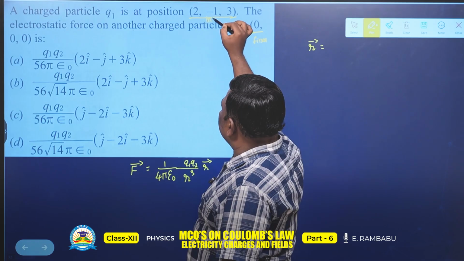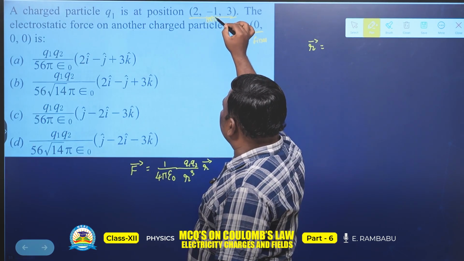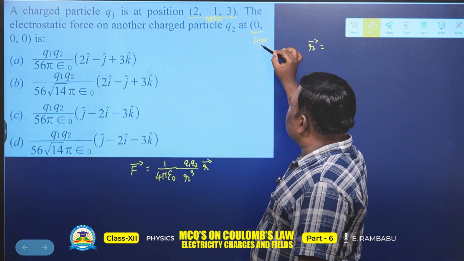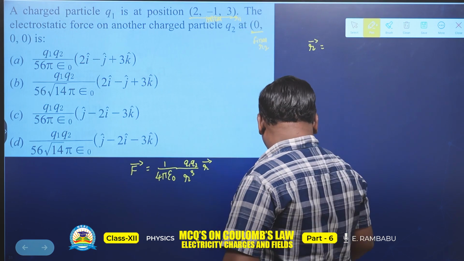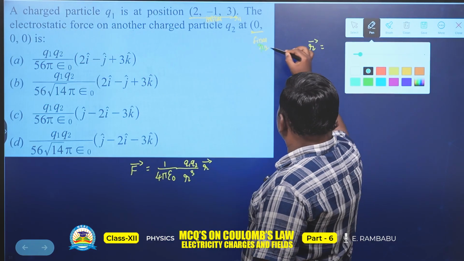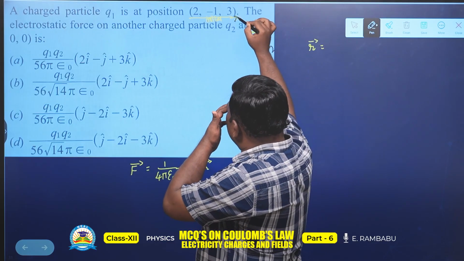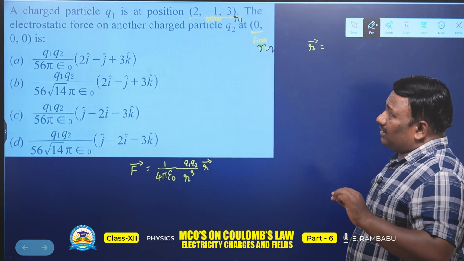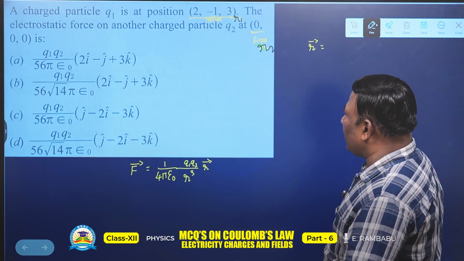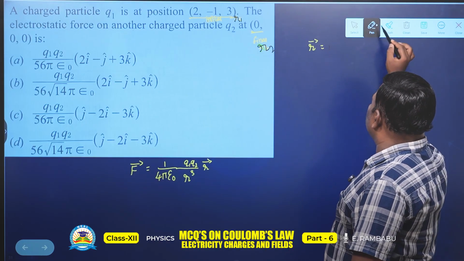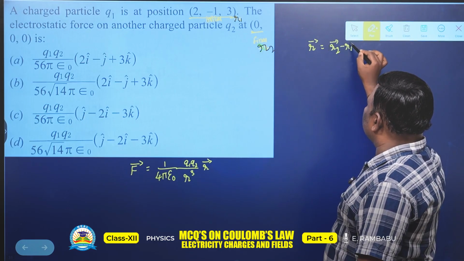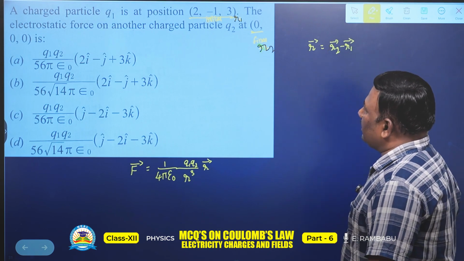So the charge which is applying the force is placed at the initial position, and where the force is acting is the final position, R2, and the initial position is R1. So from this, R bar is equal to R2 bar minus R1 bar.